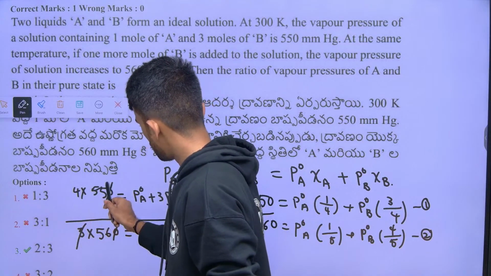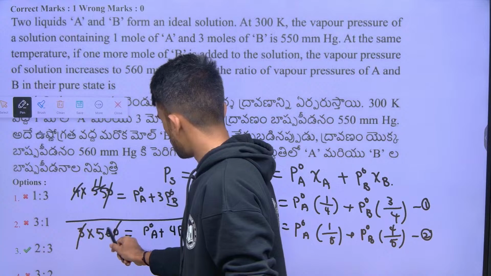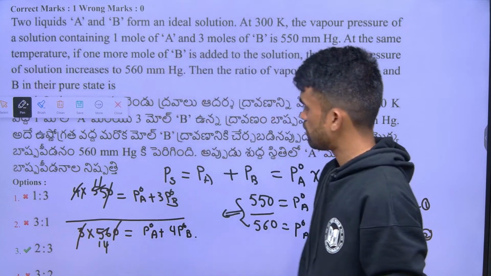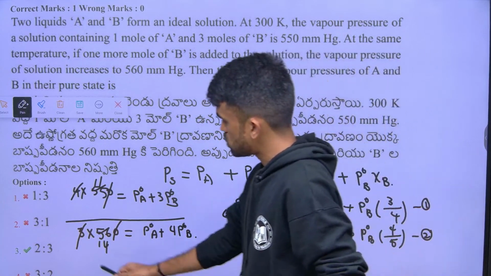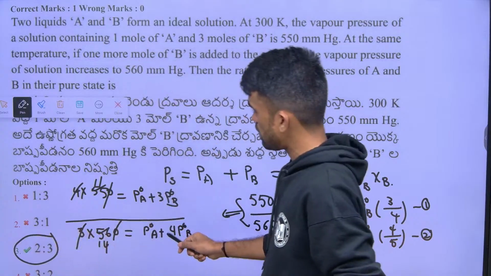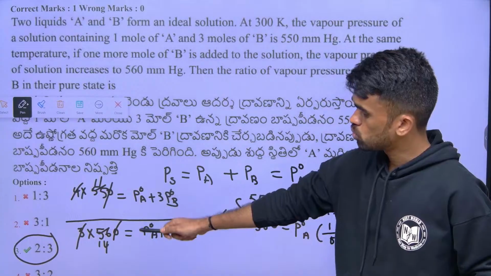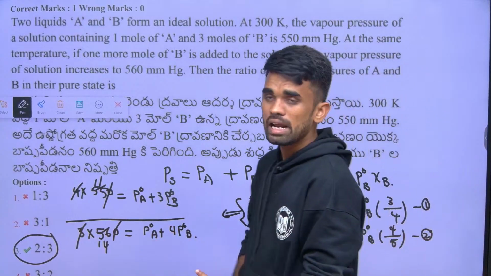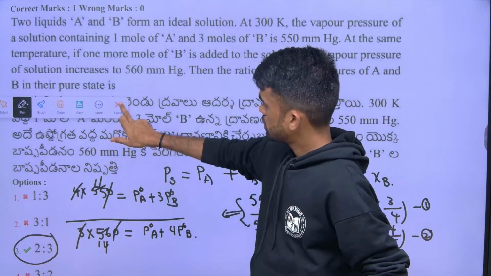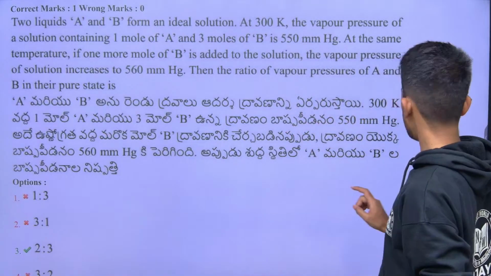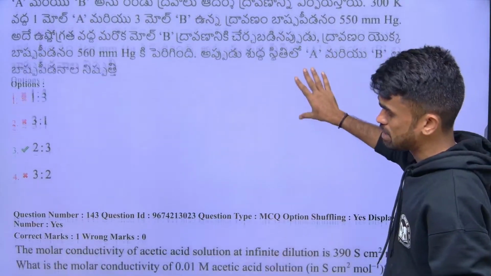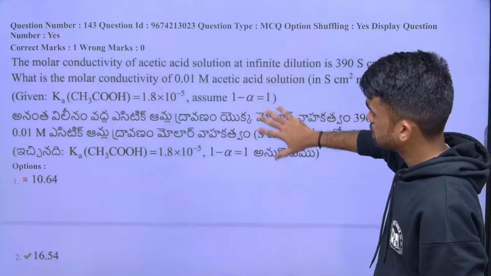Finally you will get the ratio of P naught A to P naught B as 2:3. So this is your final answer. Okay, I hope it is clear how we can simplify that. Next.